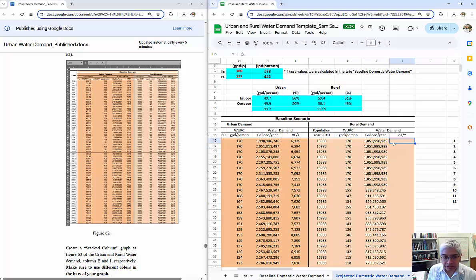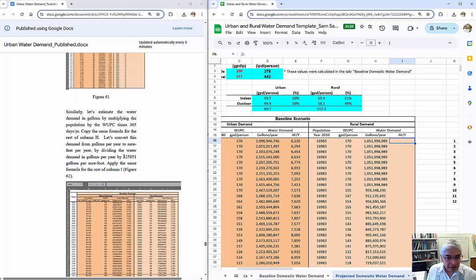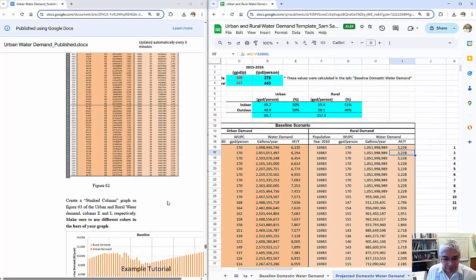Finally, what we're going to do is the same. We're going to divide this one over that number in order to have acre feet per year.